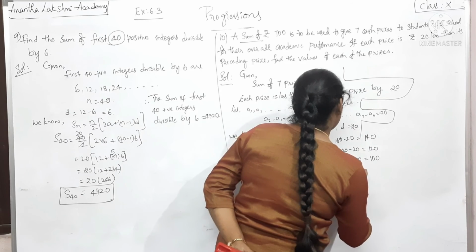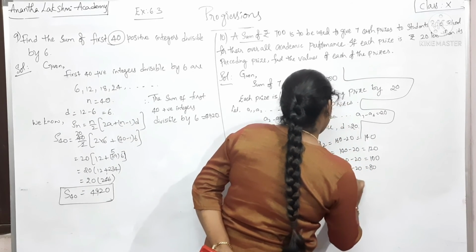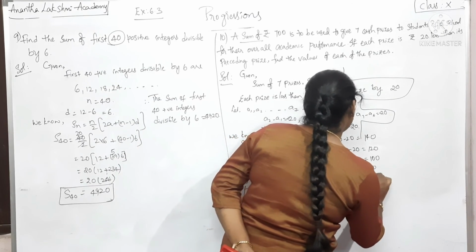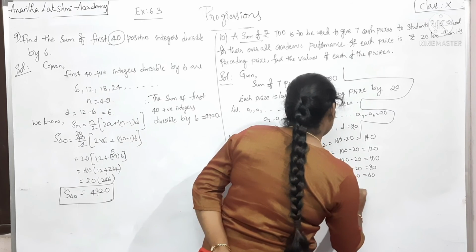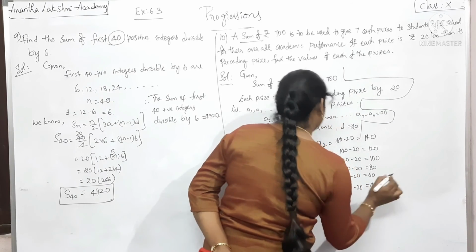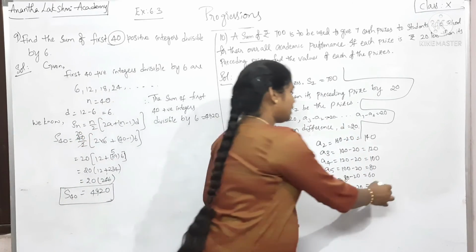A5 is 100 minus 20, which is 80. A6 is 80 minus 20, 60, and A7 is 60 minus 20, which is 40. Alright, so these are the values.